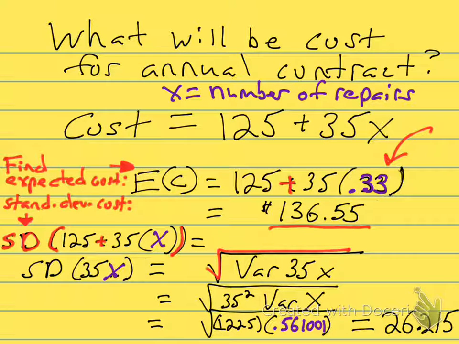And again, this is why we like to take our standard deviations and turn them into variances. And finally, our standard deviation will be $26.22. And so this is the expected annual cost and the standard deviation of cost for the freezer.